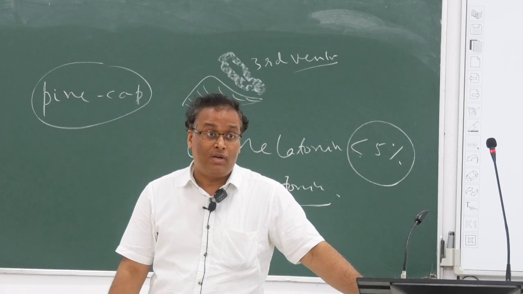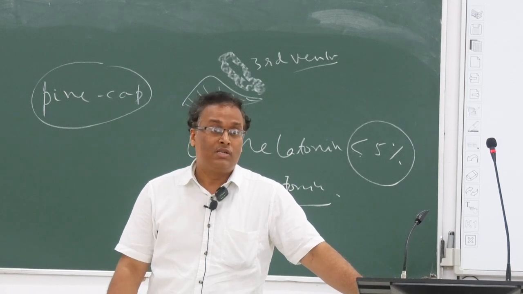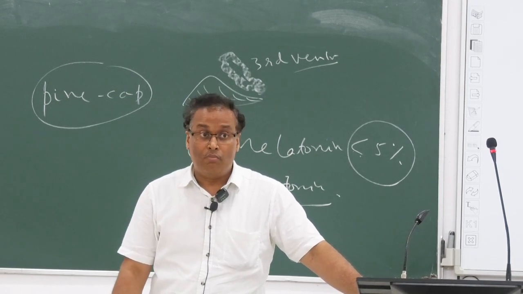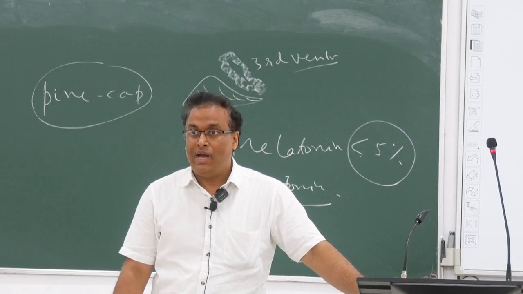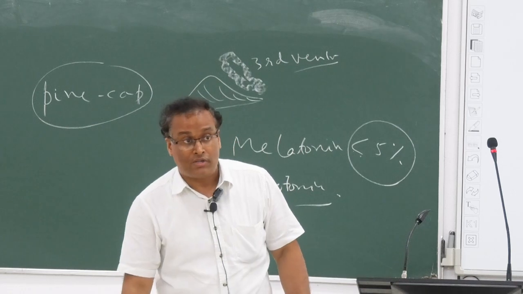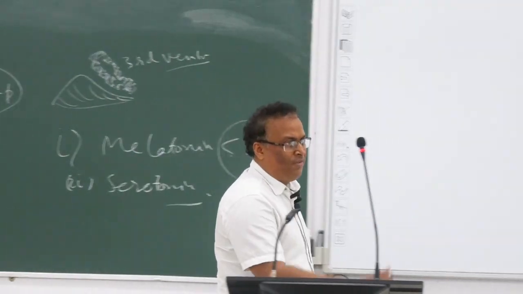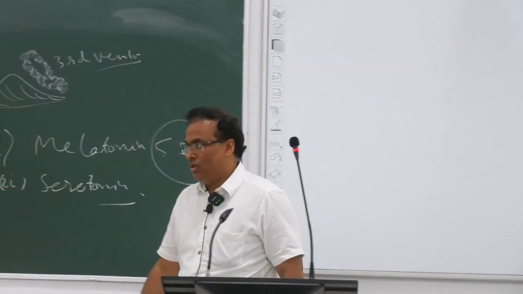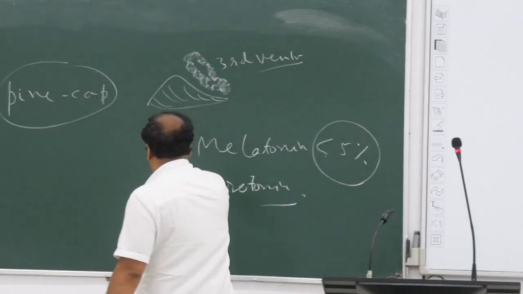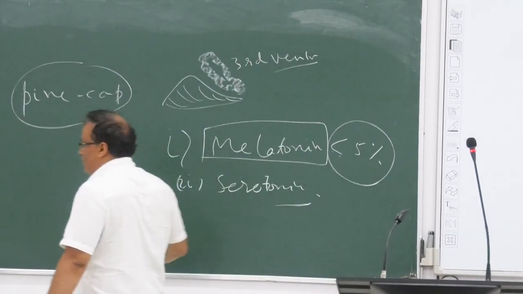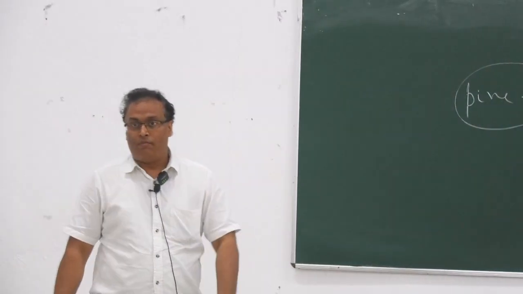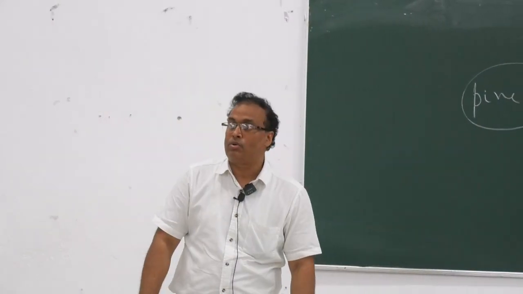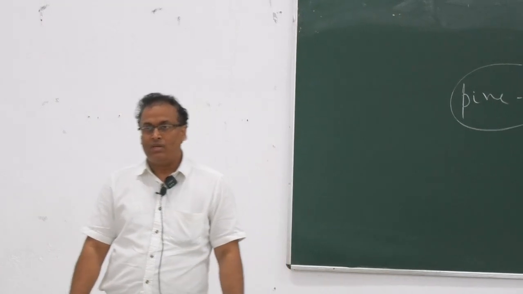We know that melatonin is responsible for our sleep-wake cycle, which is maintained by the circadian rhythm. These terms are very important for your exam. I know it is given in all the books, but the problem is that this melatonin from the pineal gland is less than 5%, so what is the source of the rest 95%?